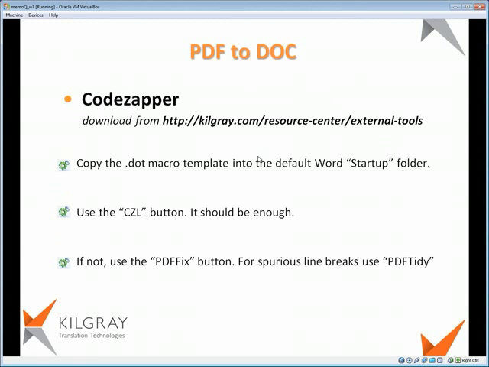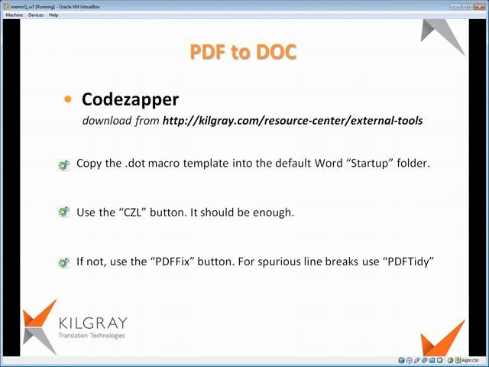So first about Code Zapper, there is a link to download it from our resource center. That's the URL you can see at the top. And here is a very quick how-to when using Code Zapper. I will show you how to use it in a couple of seconds.